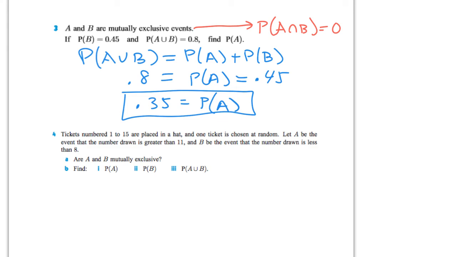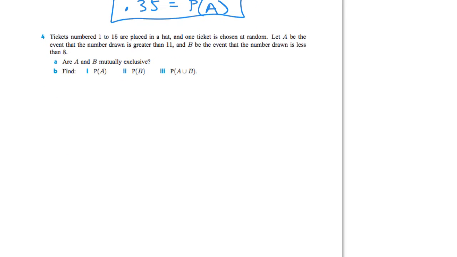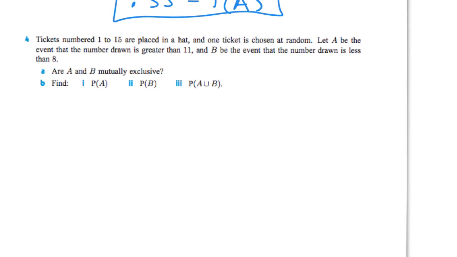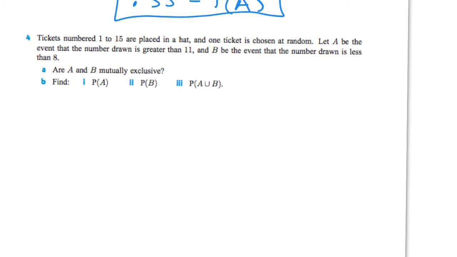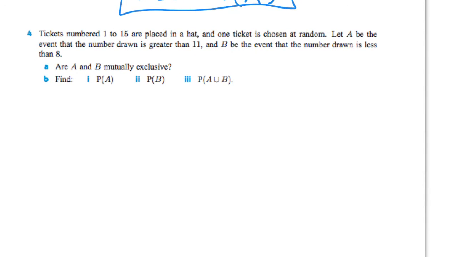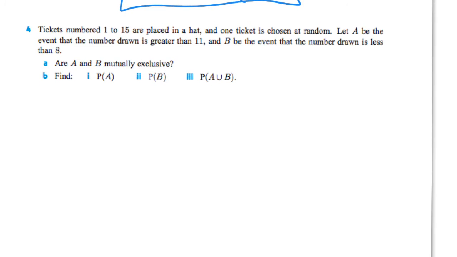And the final sample problem. Now I have tickets 1 to 15 placed in a hat. One's going to be pulled out at random. Let A be the event that it's greater than 11, and B less than 8. First question, are A and B mutually exclusive? Well, let's find out.